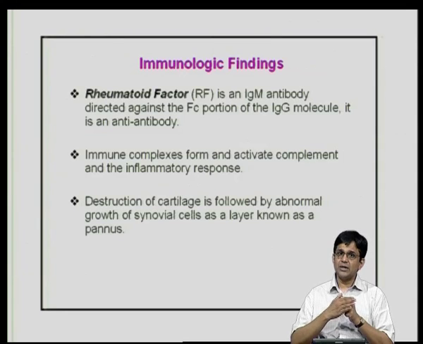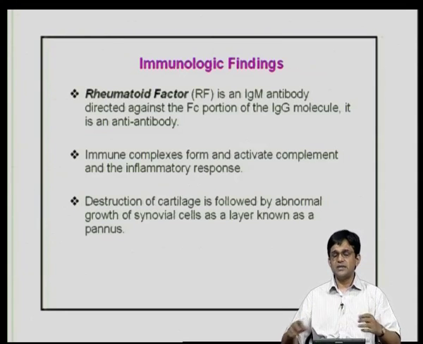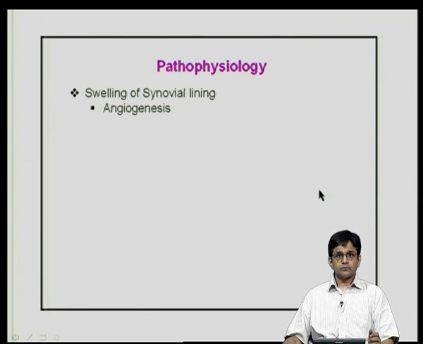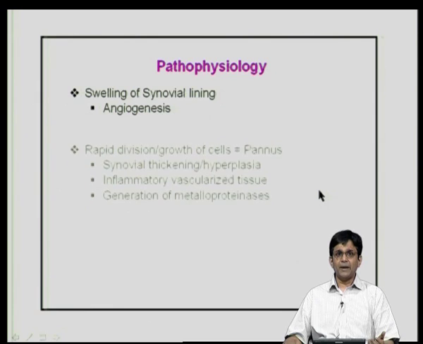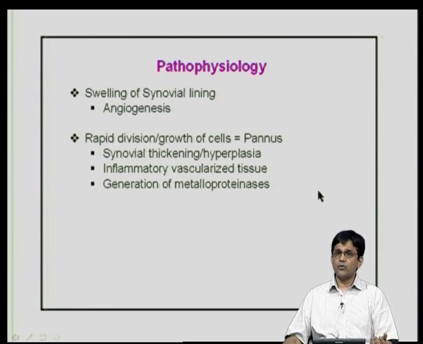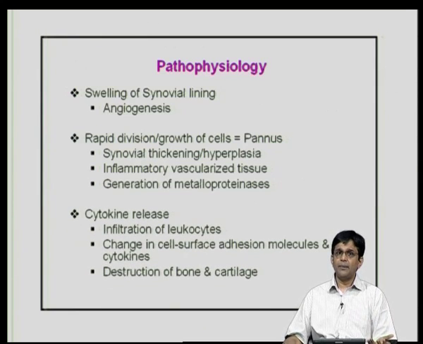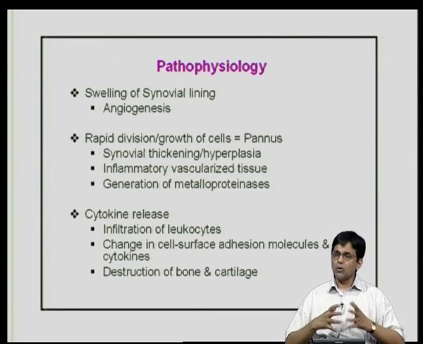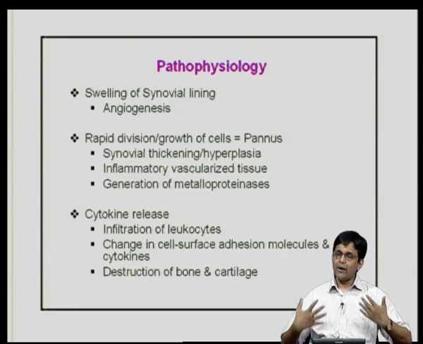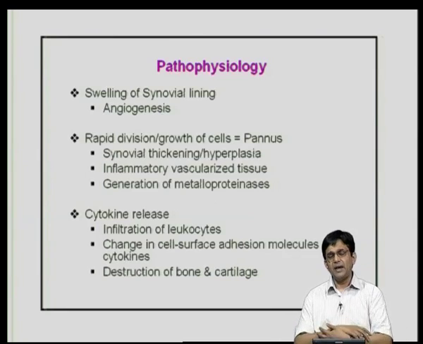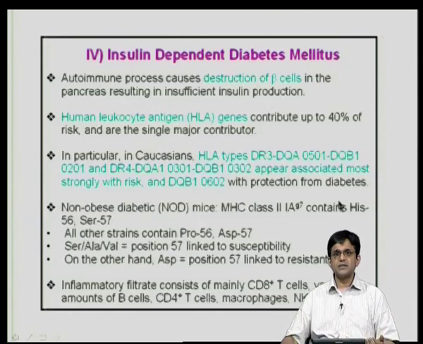But pannus, unfortunately, is the abnormal growth of these cells, which is not particularly good. In terms of pathophysiology, you have swelling of the synovial lining, rapid division of cells, which gives rise to pannus, and then cytokine release, infiltration of leukocytes, and destruction of bone and cartilage. So, not a good scenario, and all these contribute to arthritis, which is why there is pain, swelling, stiffness, and so on.